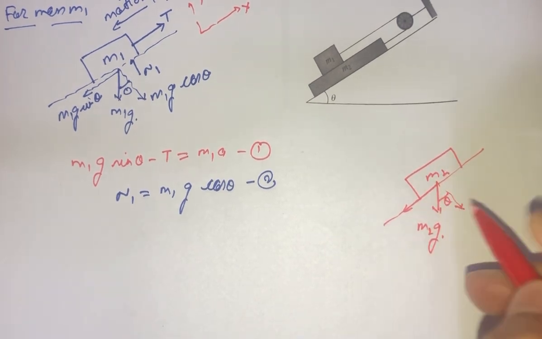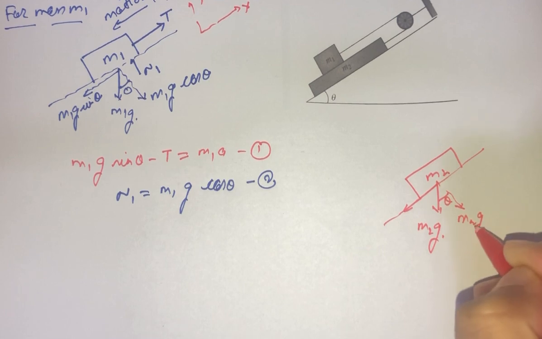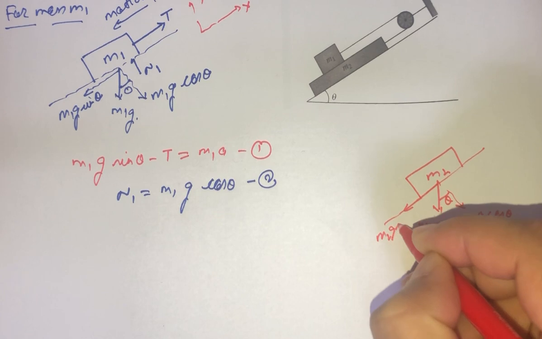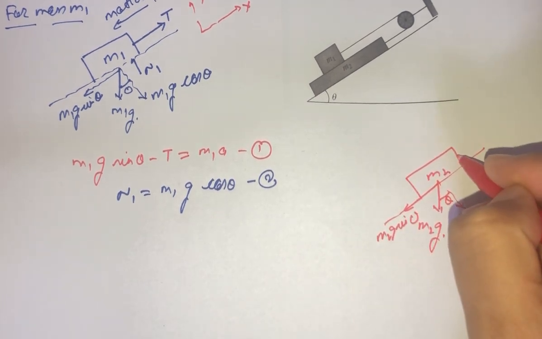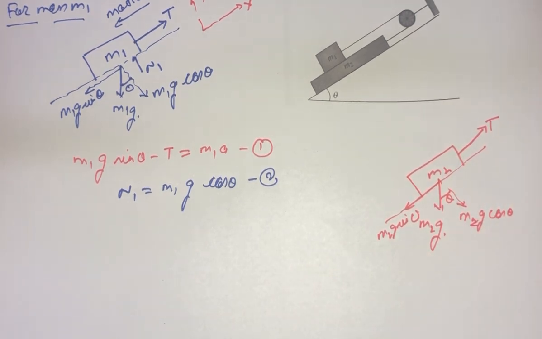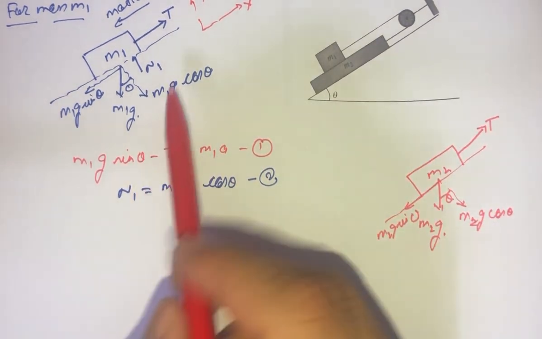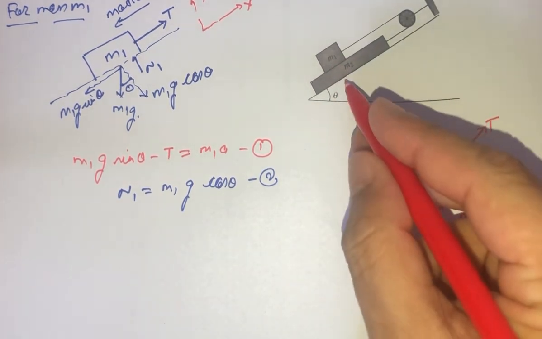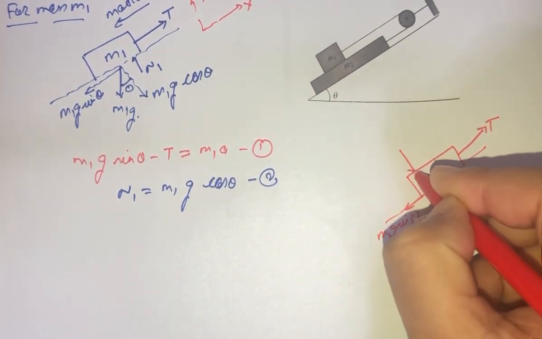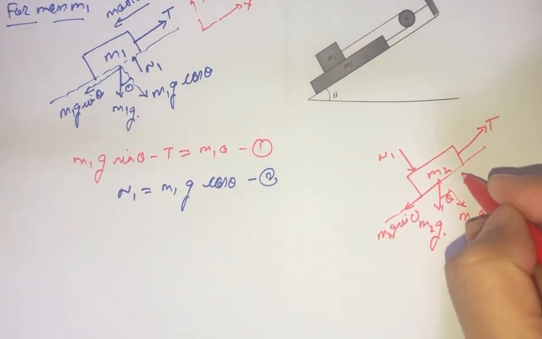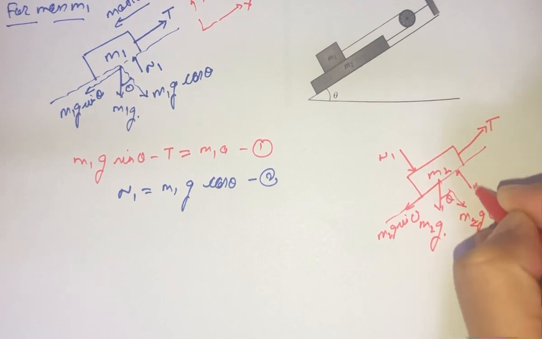This is angle theta, so we have m2g cos theta and m2g sin theta, and we are going to have a tension T in the upward direction. This m2 is going to have two normals. One will be because of mass m1, having the value n1, and another because of the inclined plane, which we are going to call n2.